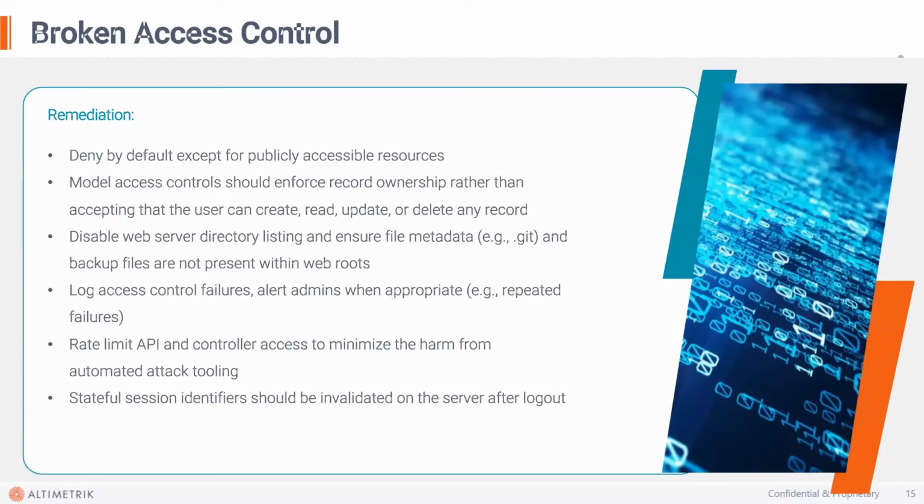Deny by default, except for publicly accessible resources. Model access controls should enforce record ownership rather than accepting that the user can create, read, update, or delete any records. Disable web server directory listing and ensure file metadata, for example Git and backup files, are not present within the web roots. That's a huge deal, often overlooked in my opinion.